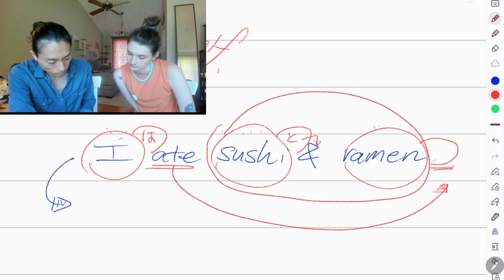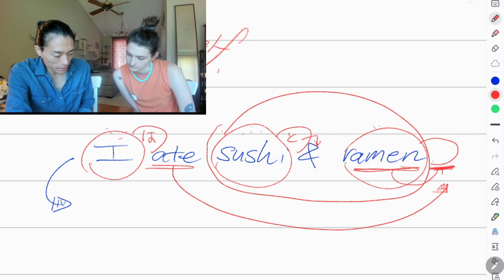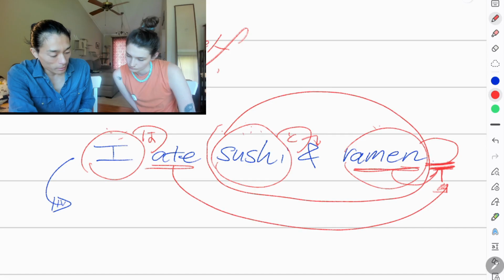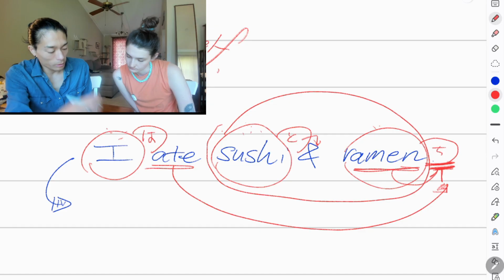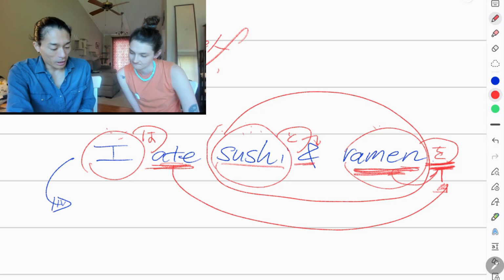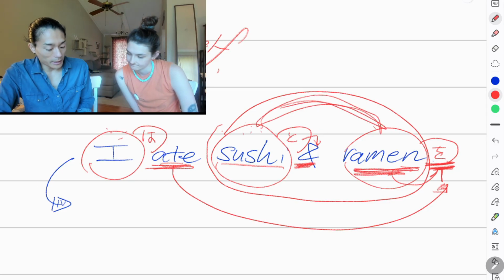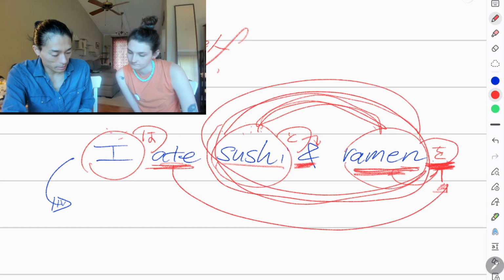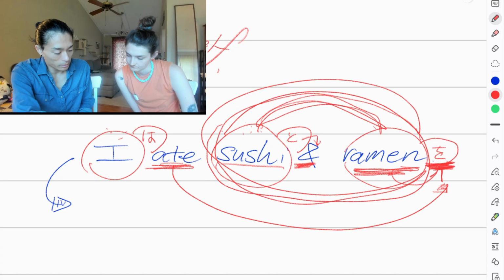"To" connects the nouns that come before, but the last noun, we still do need a particle. Which particle would you put? Good. Perfect. Sushi and ramen are the objects that I ate, right? So "to" just connects the nouns, and then on the last one you have to put the correct particle for all the nouns that are connected. And you're good. Okay, thank you.